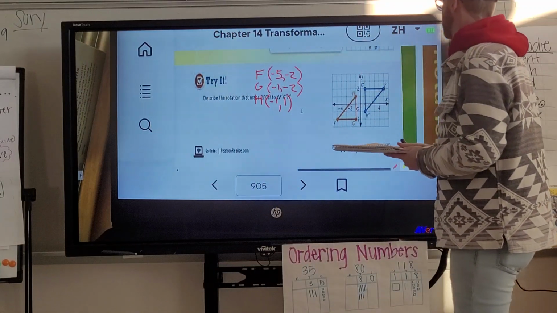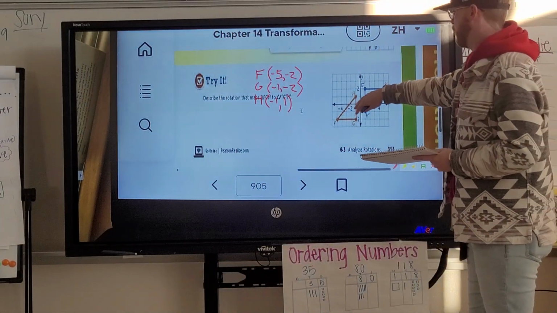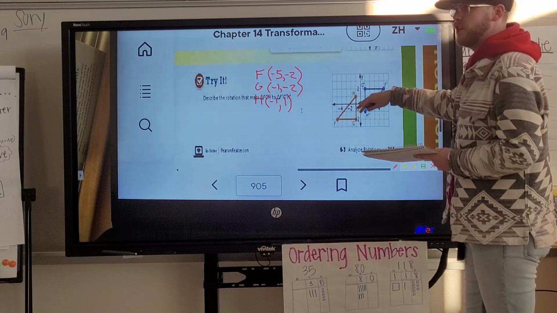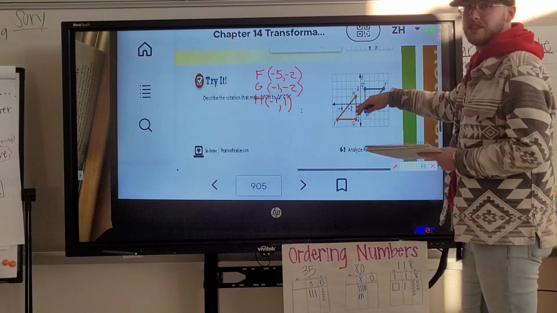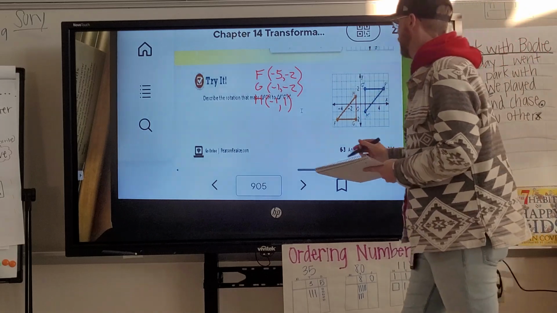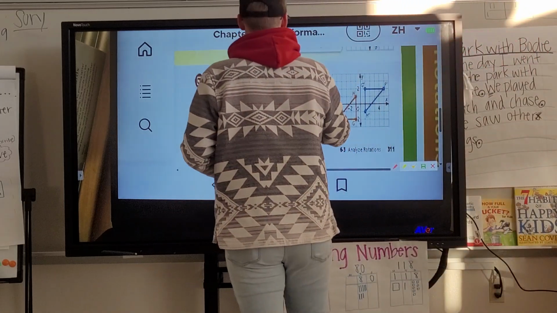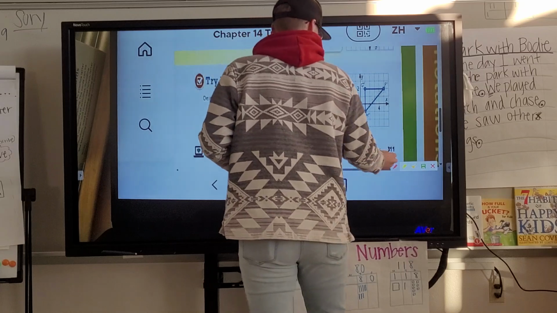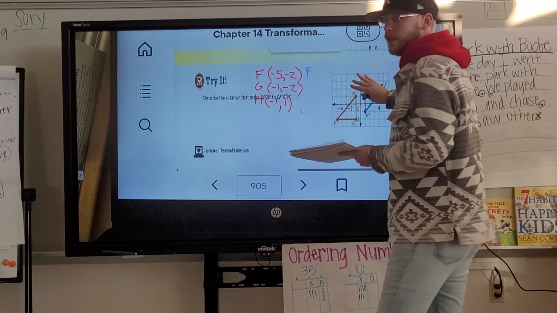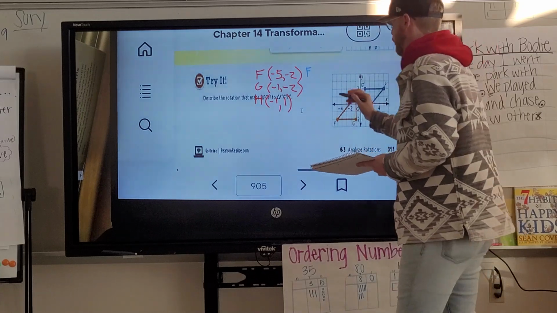Okay. So now if I rotate my image, it's a -180 degree rotation, which is going to be clockwise. I know if I go back to my rule, for F, I'm just going to ignore the graph for now.